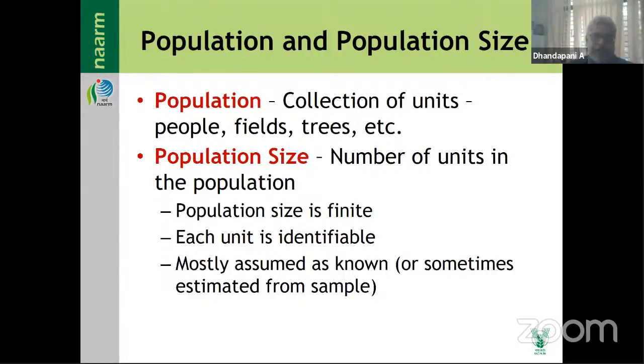Many times the population size, which is usually denoted by capital N, is known. Sometimes it is required, sometimes it is not required. We can go ahead without knowing it, but sometimes we need to estimate it from the sample also. All these things are possible, but for simplicity, I'm assuming that I know the population I am going to deal with.